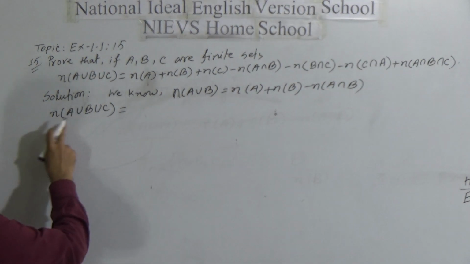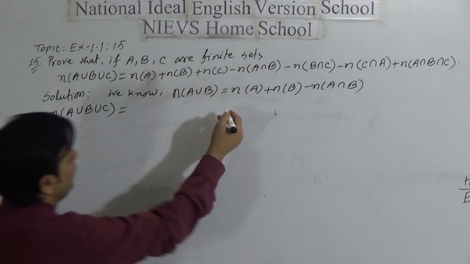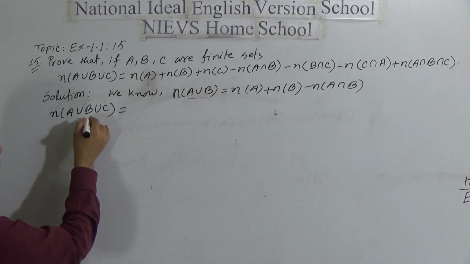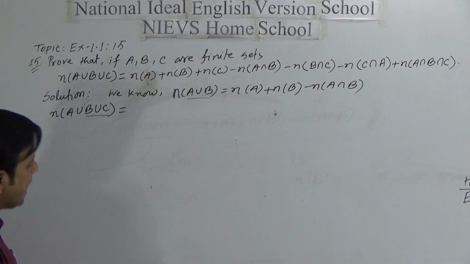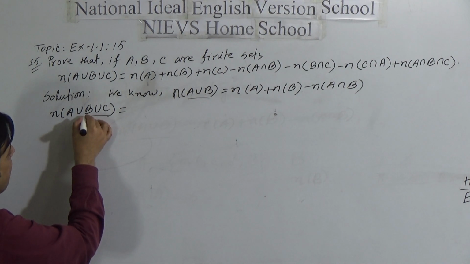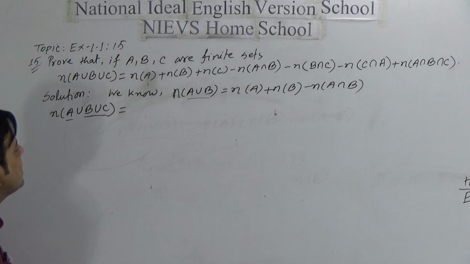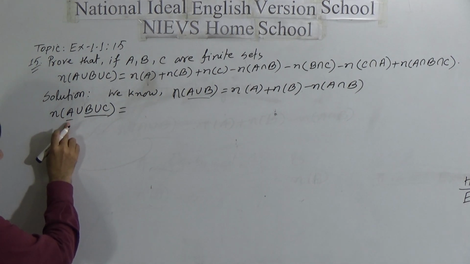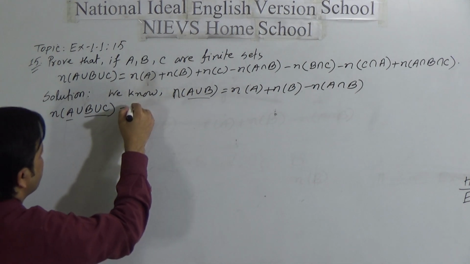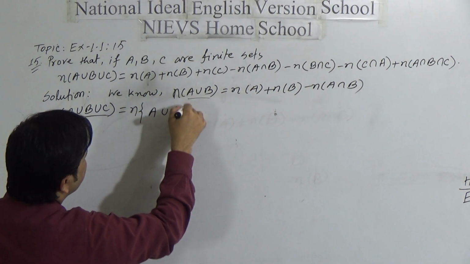So, we can write here n(A union B union C). As we know this formula for two sets, we have to consider two sets as one set. If we consider B union C as one set and A as another, then there will be two sets: one is A, another is B union C. Then we can apply that formula. So, we can write n(A union B union C).